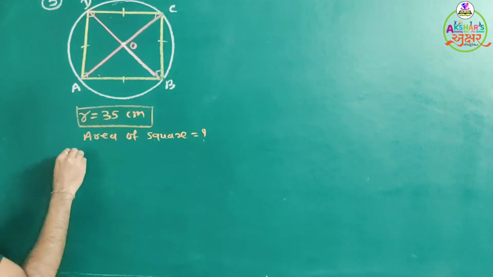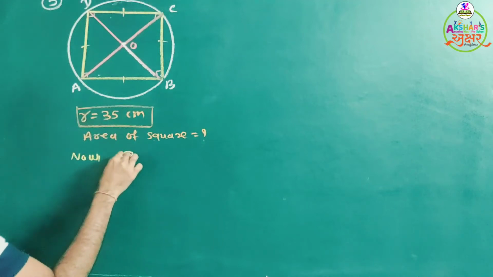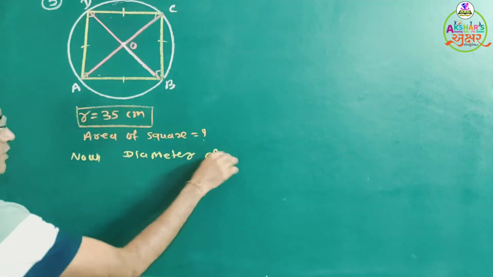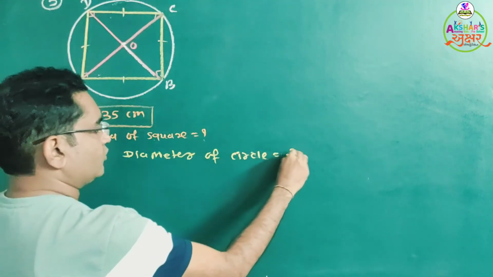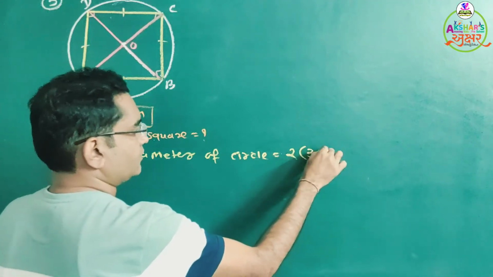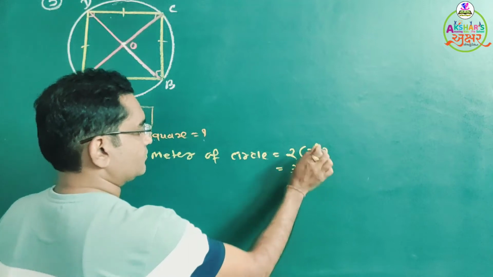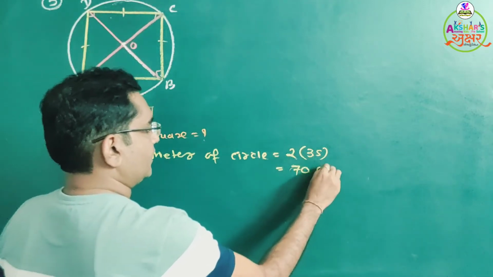So here we can say diameter of circle is equal to twice of radius. Radius is 35, so length of diameter is 35 into 2, 70 centimeter.